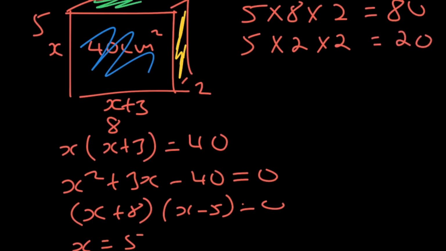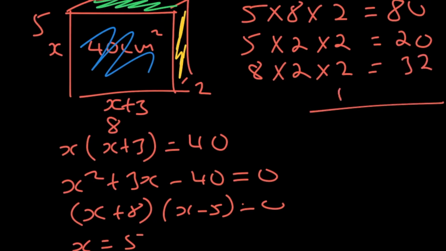And then we've got the top and the bottom panels here, which is going to be 8 times 2, and we've got 2 of those, which is going to give us 32. So in total then, the answer is going to be 132. Having found that the answer is 132, there are no combination locks.